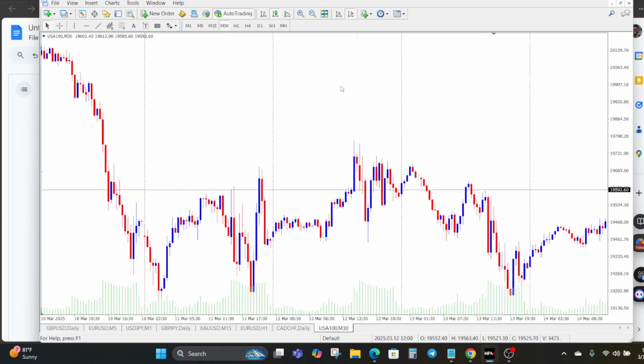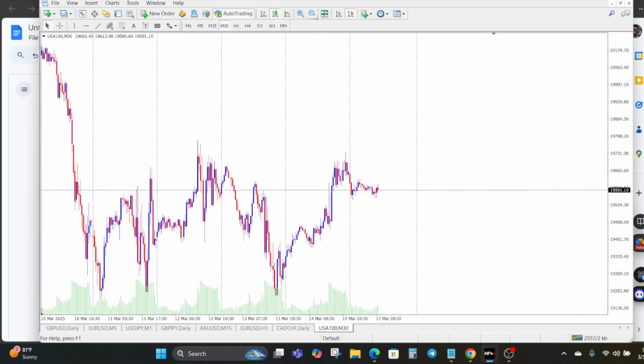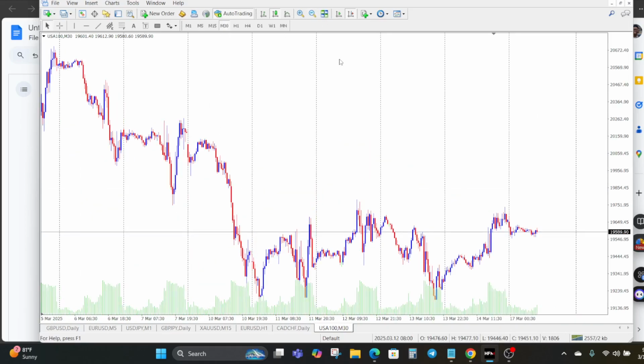Then we break this range into precise quadrants or levels to pinpoint potential entry points, stop loss areas, and take profit zones.